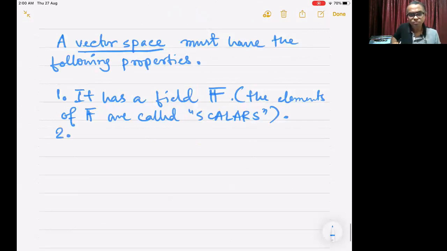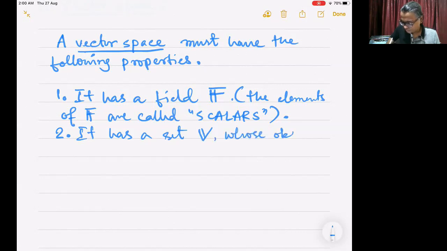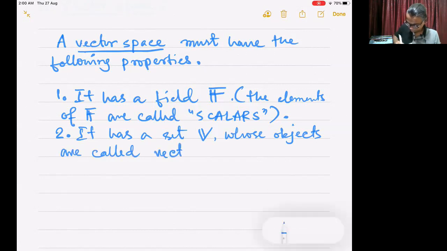Number two, it has a set V whose elements are called vectors.